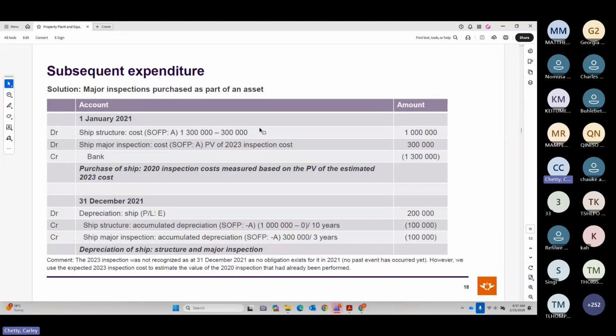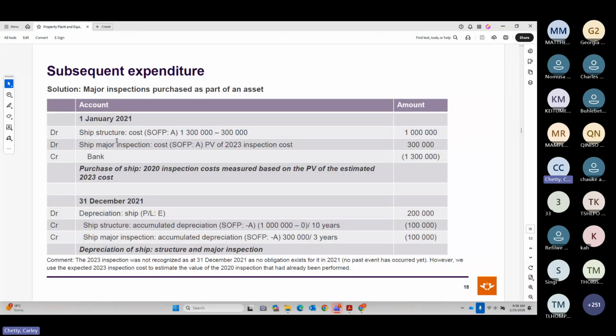But we have recorded the inspection separately. So we're going to debit ship structure cost, and the rest of the ship can be calculated by taking the 1.3 million minus the 300,000 present value of inspection costs, and this will give the ship structure cost of 1 million. So we're debiting the ship structure cost with 1 million, and we're debiting the major inspection separately.